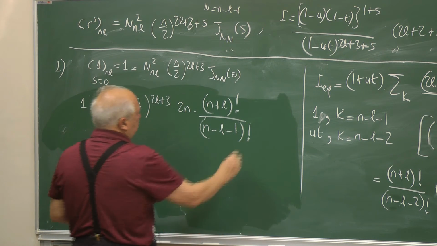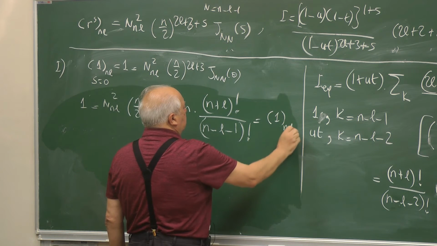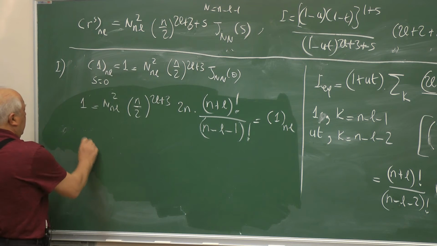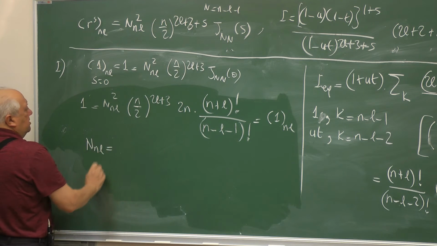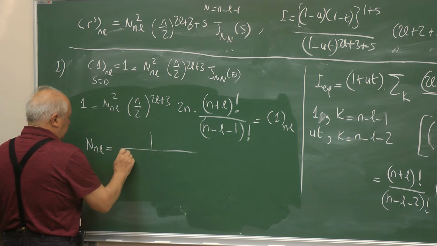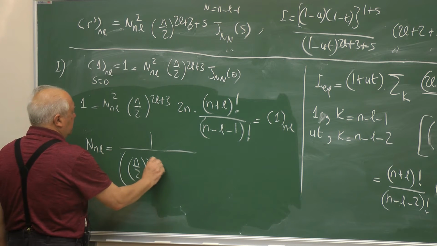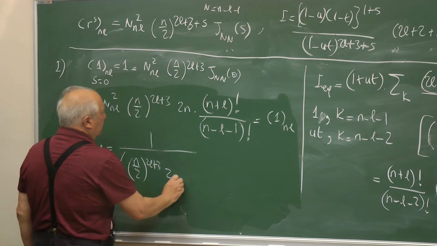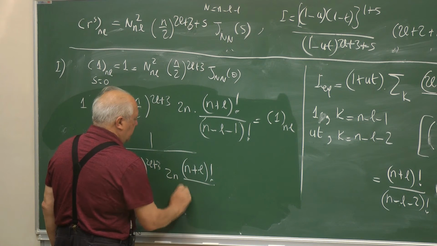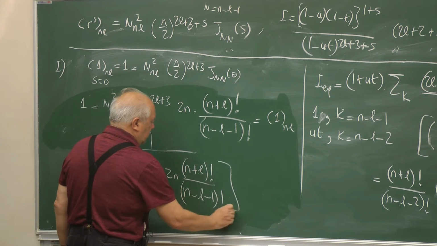And this should be 1, because that's the average of 1 in the state nl. Therefore, N_{nl} is equal to 1 over the square root of n over 2, 2l plus 3, 2n, (n plus l) factorial divided by (n minus l minus 1) factorial.